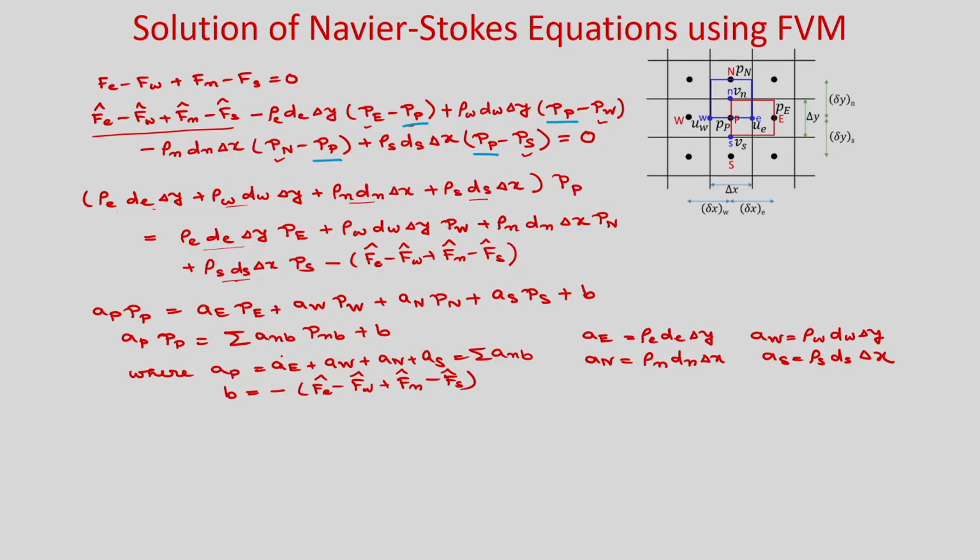So, you can see whatever we have written, it actually does not represent the mass balance, okay, because Ap hat is your rho e ue hat. So, it will not actually satisfy the continuity equation. So, it does not represent the mass balance.